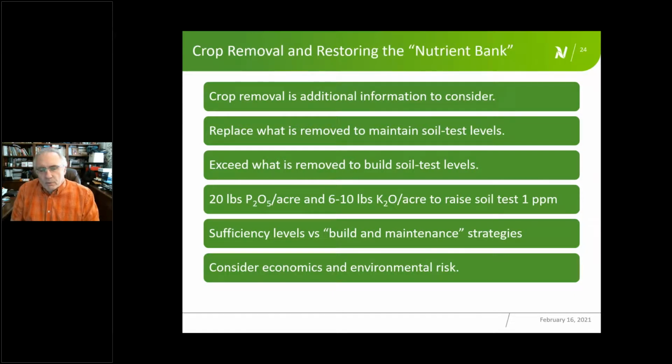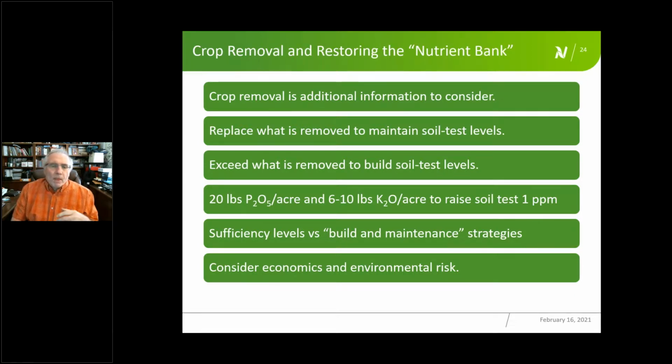Now, I've thrown some numbers up here: roughly 20 pounds of P2O5 per acre applied would raise the soil test 1 part per million, and 6 to 10 pounds of potash per acre to raise the soil 1 part per million. These are very, very general guidelines, and remember, they're not specific, and soils differ widely, so every soil is going to be a little bit different.